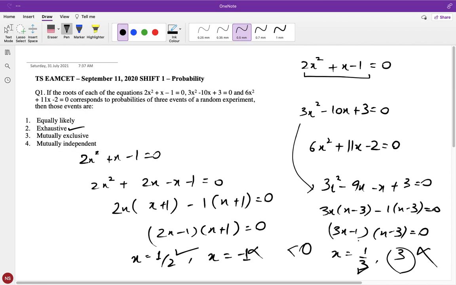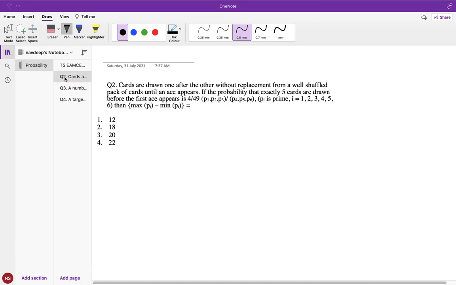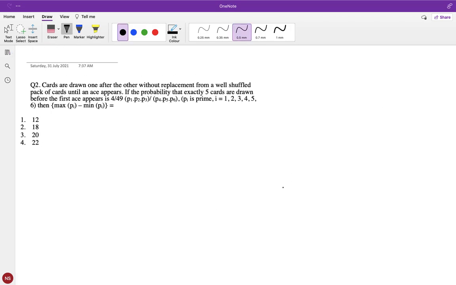We know exhaustive events are such that, as the outcome of the experiment, at least one of the events is going to happen. So since the sum of their probabilities is 1, whenever you do the experiment, one of these events will be the output, one or the other of the three. So exhaustive.